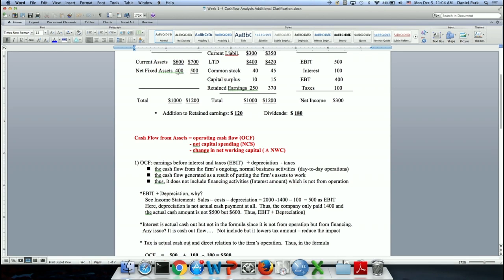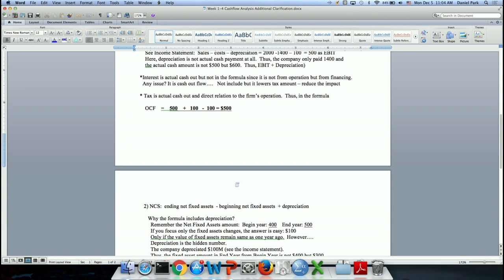Remember, anytime you buy additional assets, that means money outflow because you have to pay. Just looking at beginning year 400 million net fixed asset, end of the year 500 million, it looks like 100 million up. But that doesn't mean the company spent only 100 million.